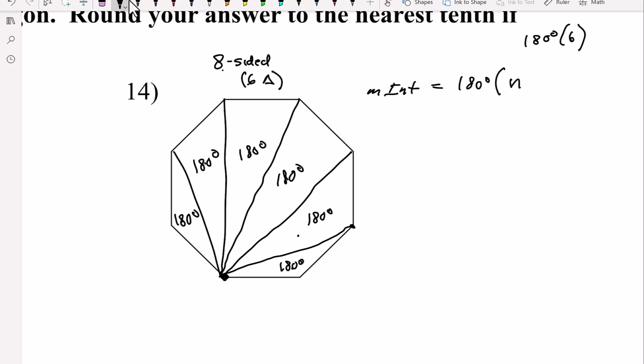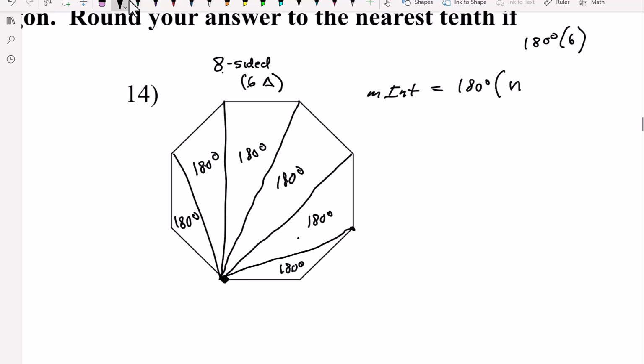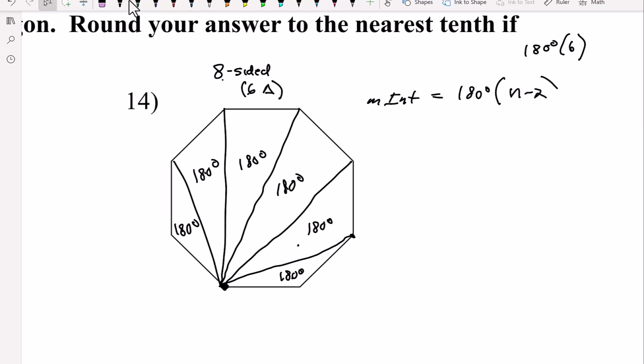It's the number of sides or the number of angles. They're the same number. Subtract 2. And that's how you find the sum. Ooh, I needed to put the measure of the interior angle sum. That's how you would find that.